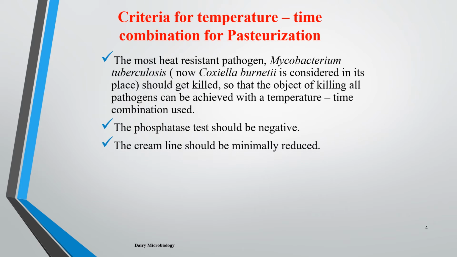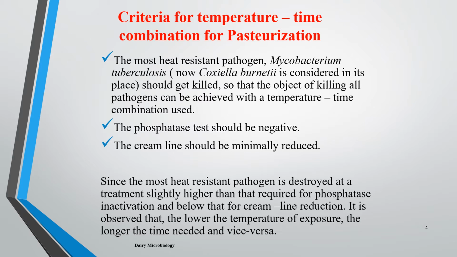And the third criterion which is used for the selection of the temperature-time combination for pasteurization is the cream line, meaning the fats which are present in the milk should be minimally reduced. The quantity of that fat should not decrease.